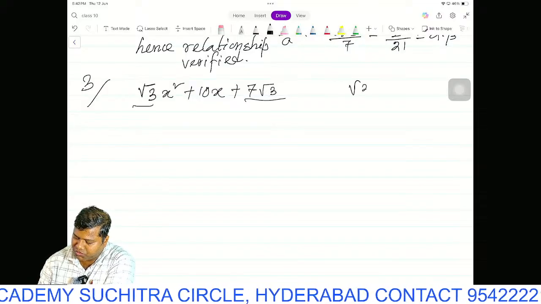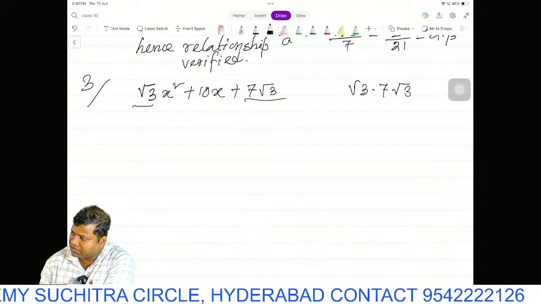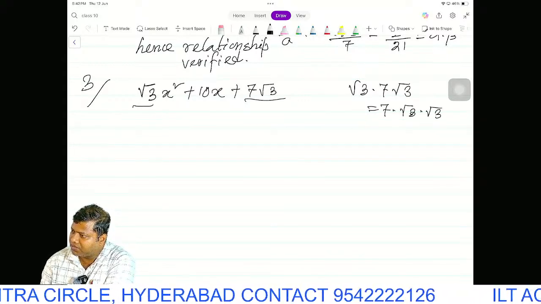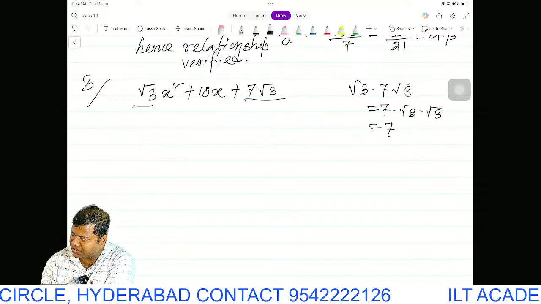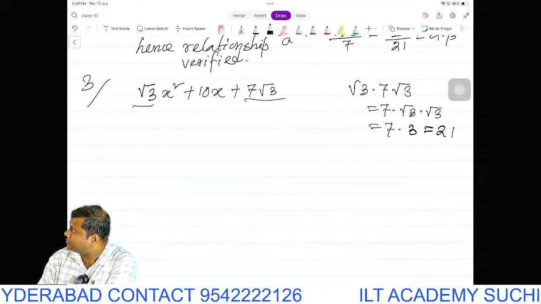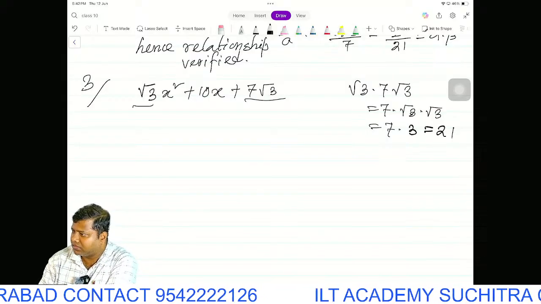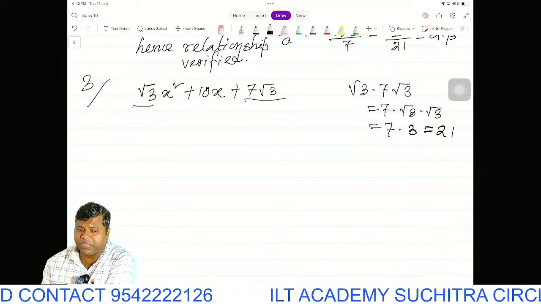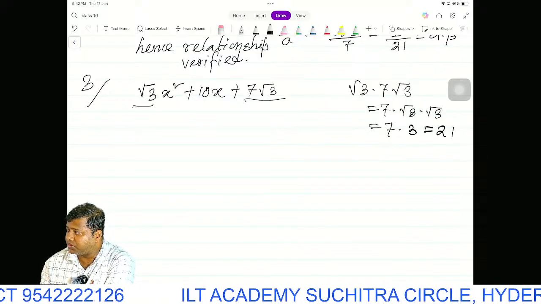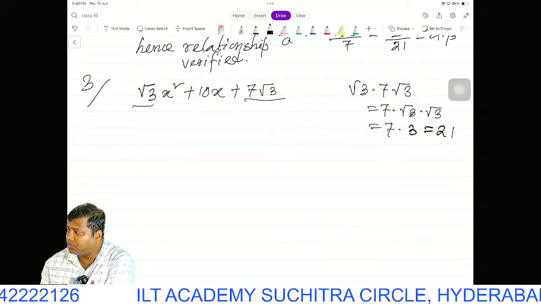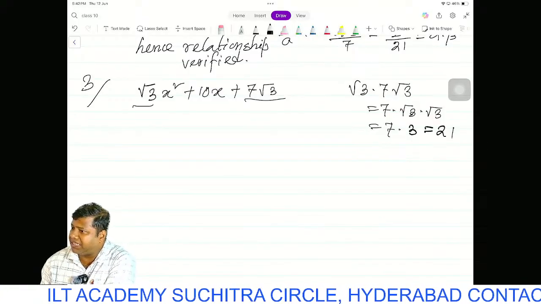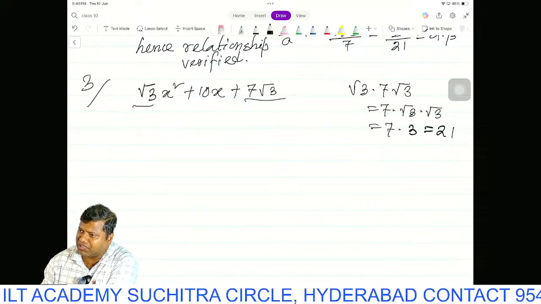Because root 3 into 7 root 3 means 7 into root 3 times root 3, so 7 into 3, which is nothing but 21. Okay? So multiplication should be how much? 21. Can you focus? 7 into 3. Hello? Right? So multiplication should be 21.